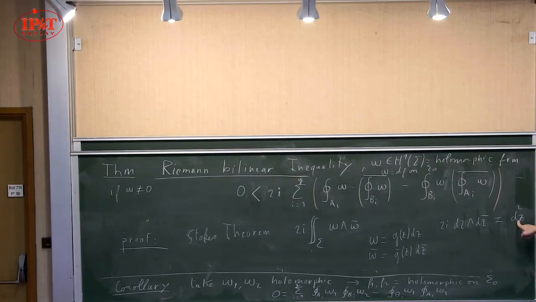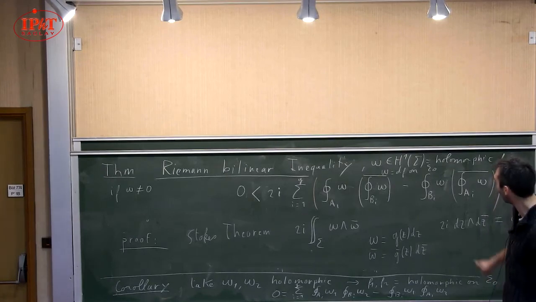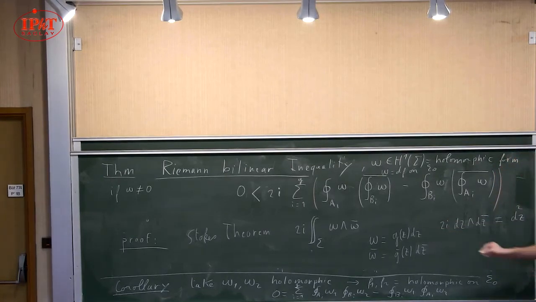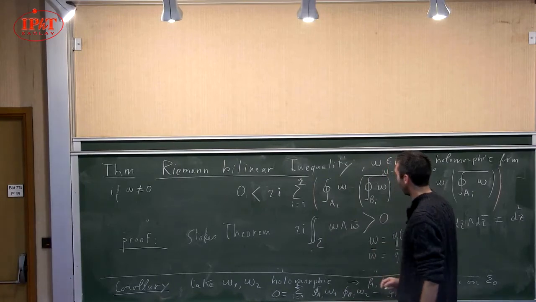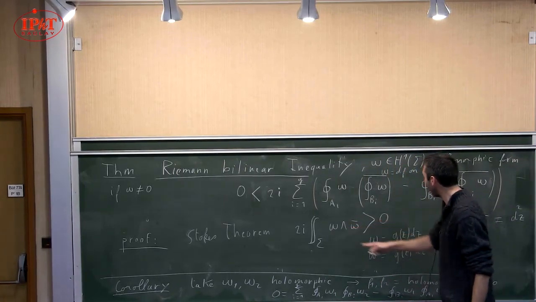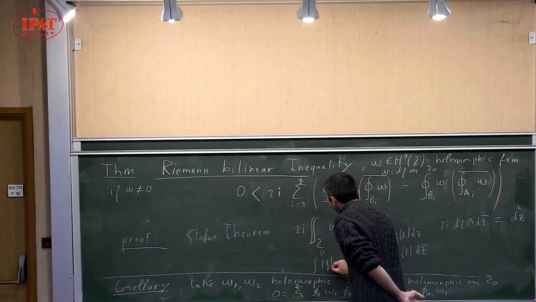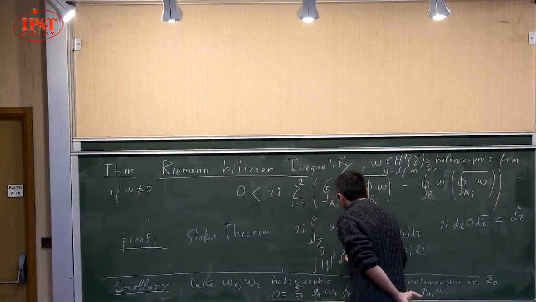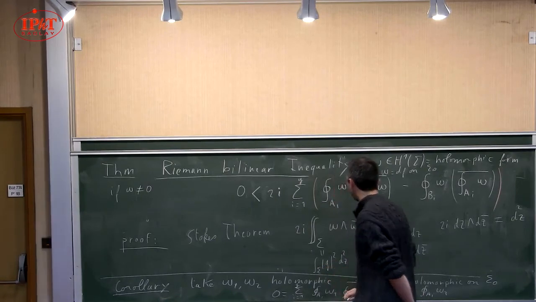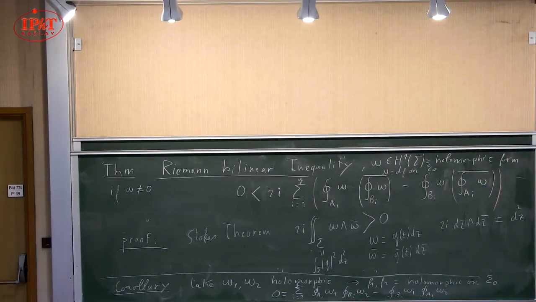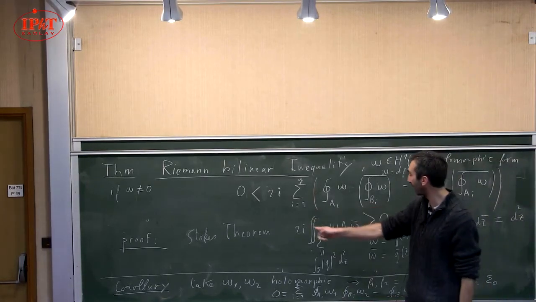So this is real positive. That's why we have to multiply by 2i. So this is the same thing as the integral of modulus of g squared times the Lebesgue measure. So this is strictly positive if omega is non-vanishing.